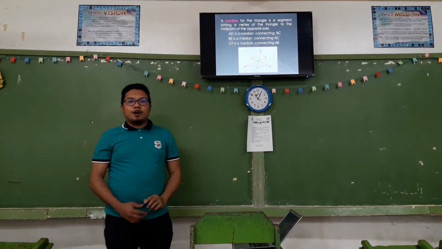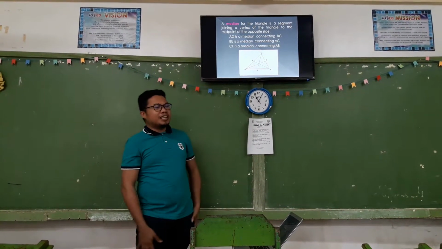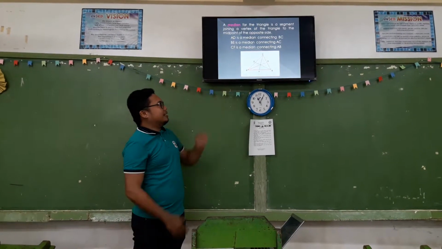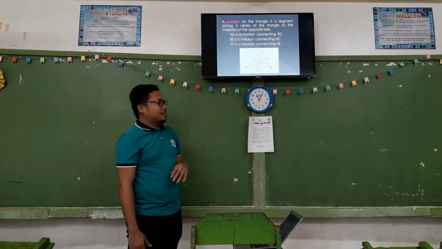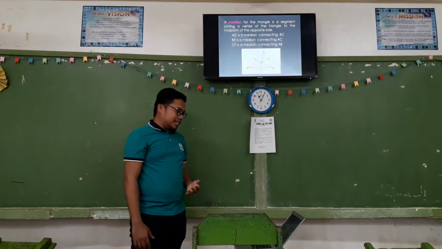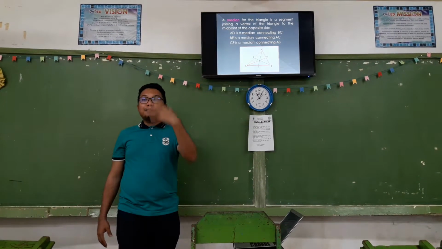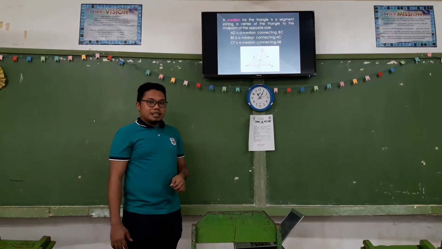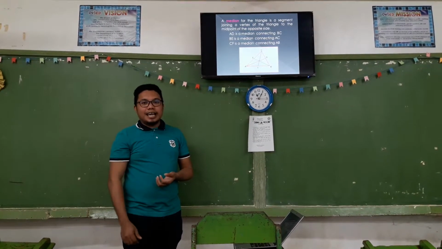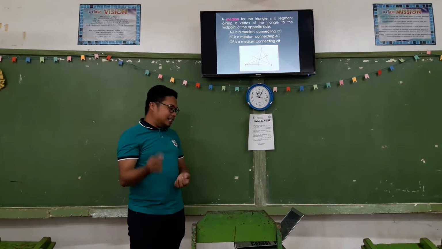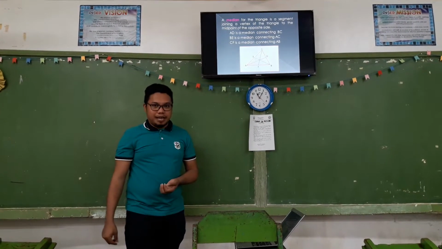And point P is the point of concurrency. Next, let's move on to the median of a triangle. What have you observed with the figure? We have triangle ABC, and we have created median AD connecting to the opposite side BC. Then we also have median BE connecting to its opposite side AC, and median CF connecting to the opposite side AB.